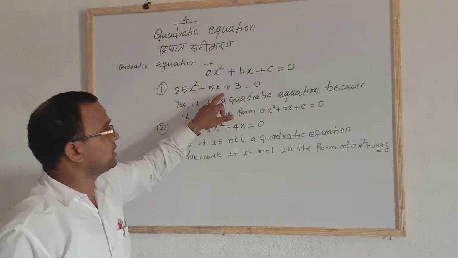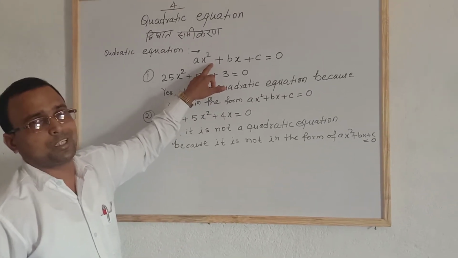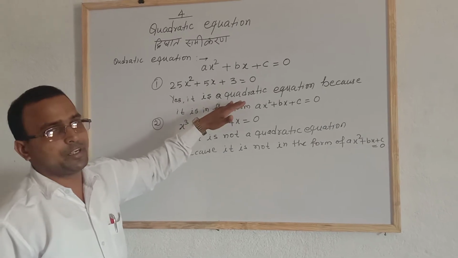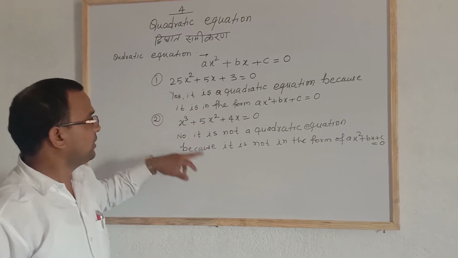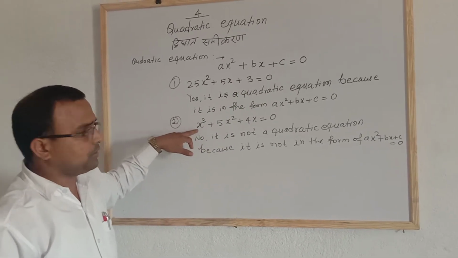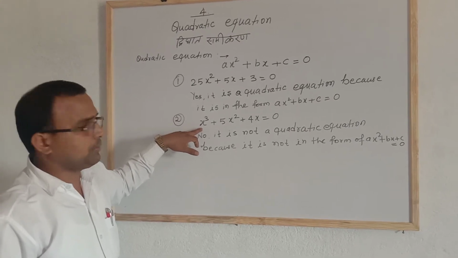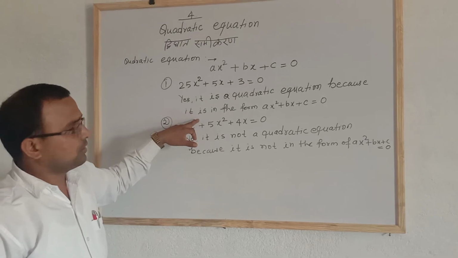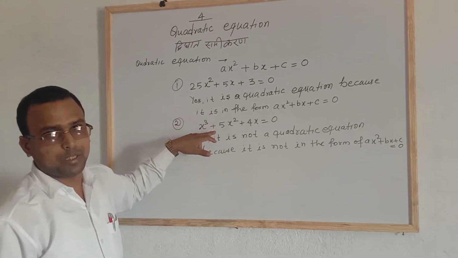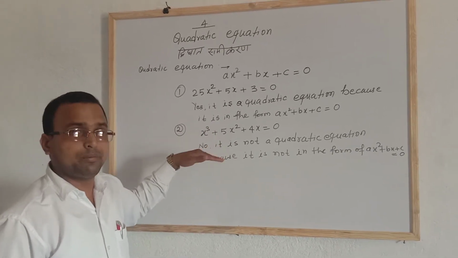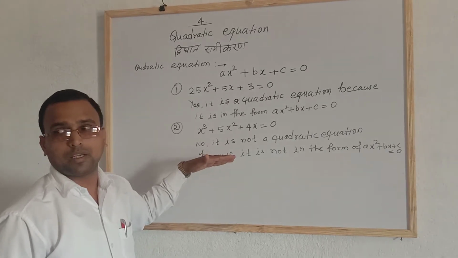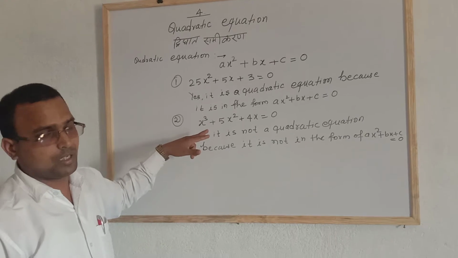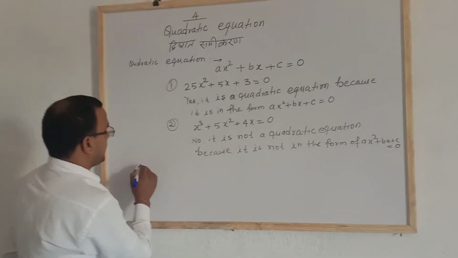So this is in the form of ax square plus bx plus c, so it is called quadratic equation. And here it is the variable x and maximum power is 3, but we know that if power is 2, then it will be quadratic equation. Here power is 3, so it is not a quadratic equation. Clear?